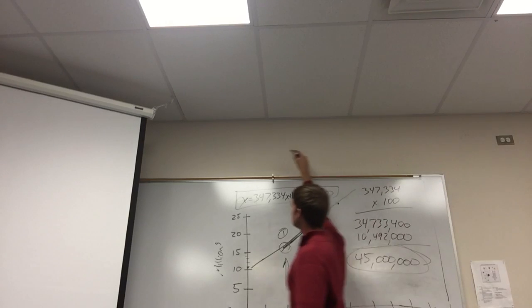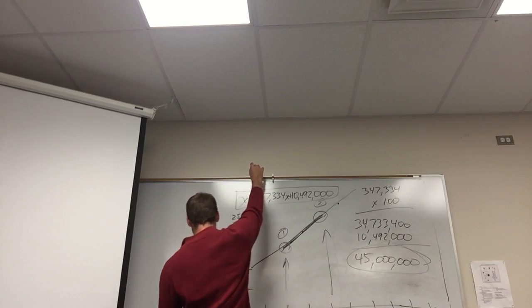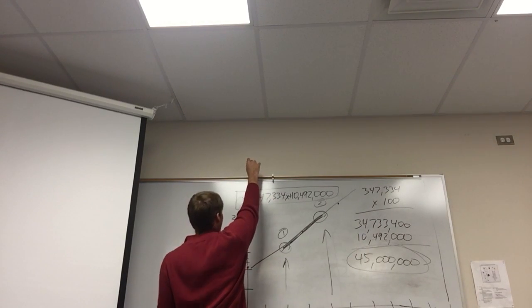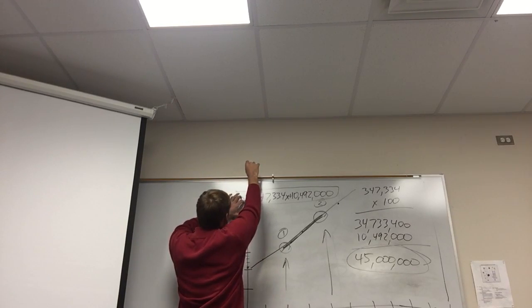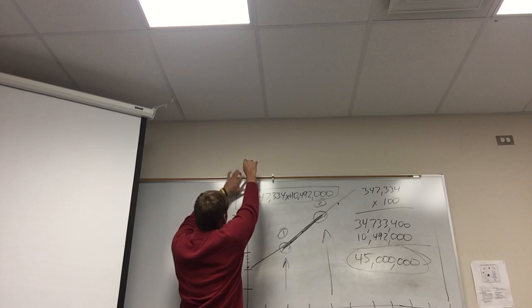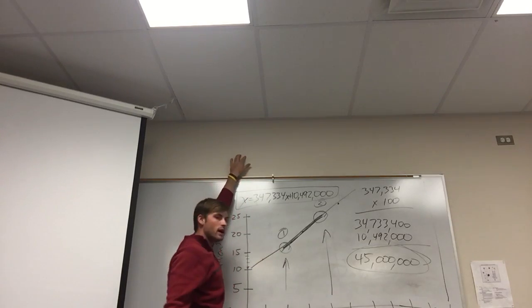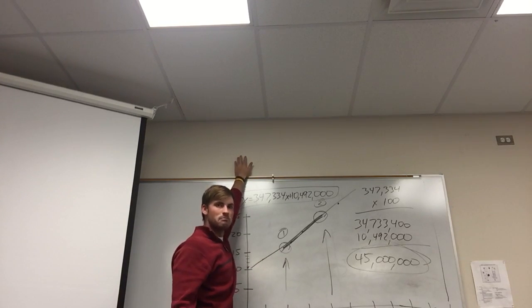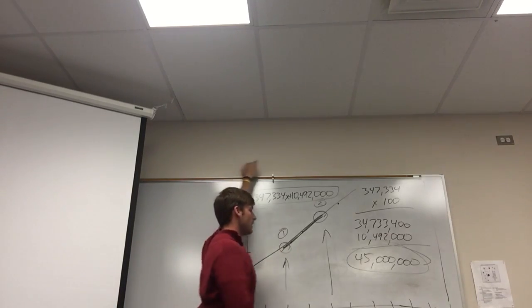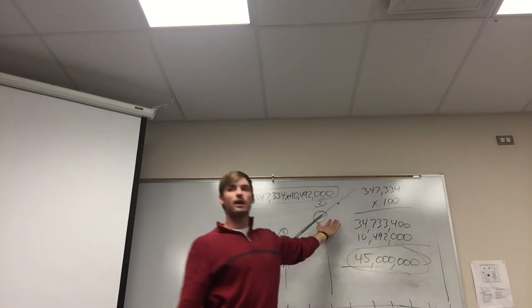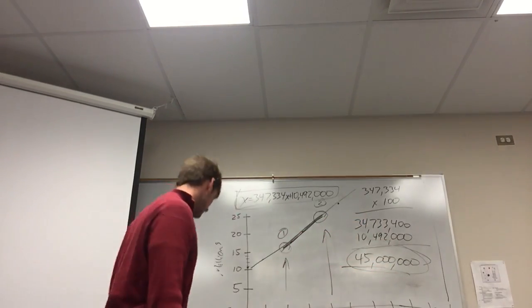So let's move this over here. And if we have about 3 or 4 inches per thing, we have 30, 35, 40, 45. It's going to be about right up here, correct? Yeah. So according to our equation, our answer, and our graph, that all seems to work out, right?